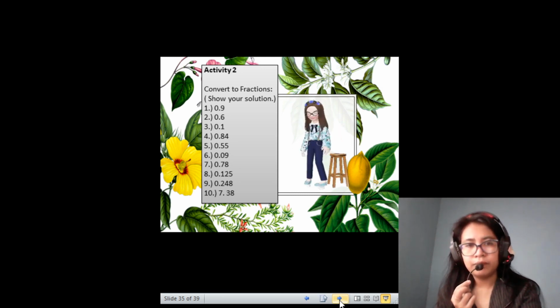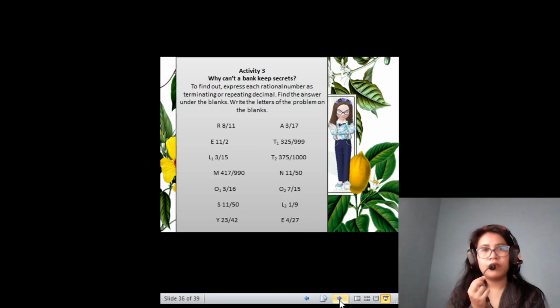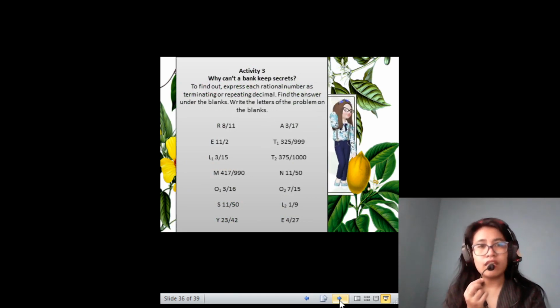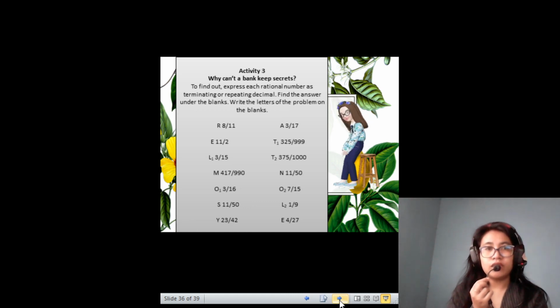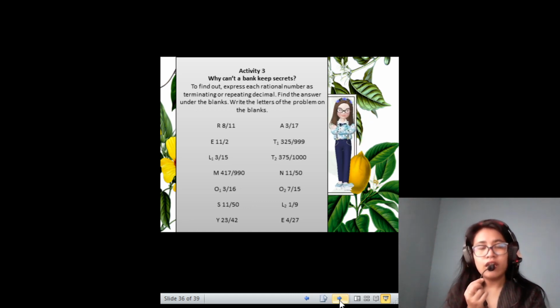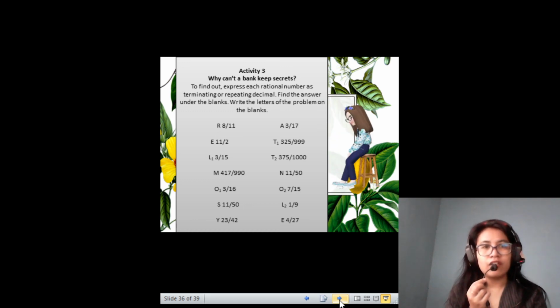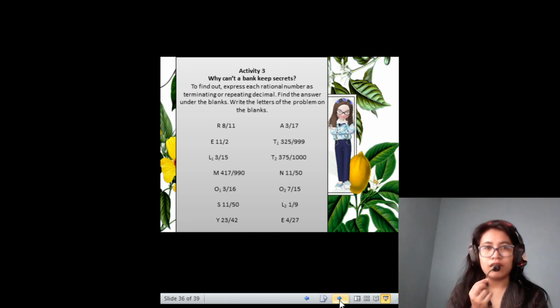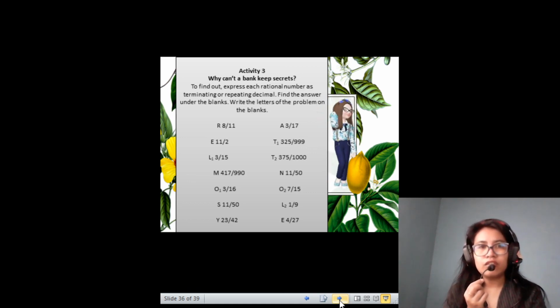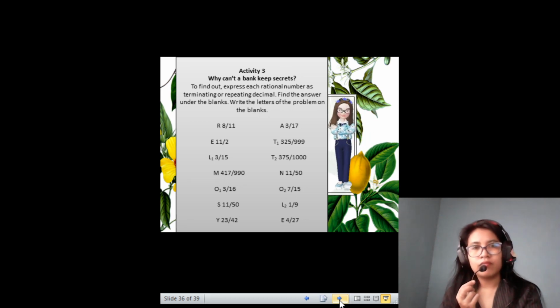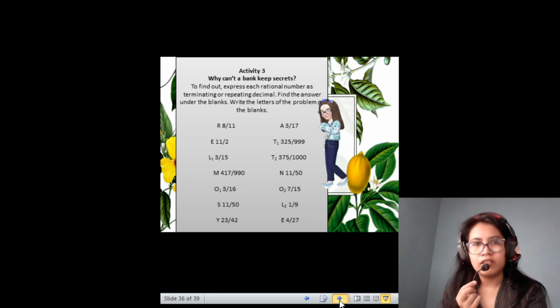And lastly, Activity 3 is another riddle. The question is, why can't a bank keep secrets? To find out, express each rational number as a terminating or repeating decimal. Find the answer under the blanks. Write the letters of the problem on the blanks. Okay, here are the blanks.